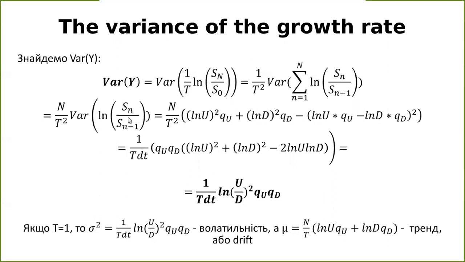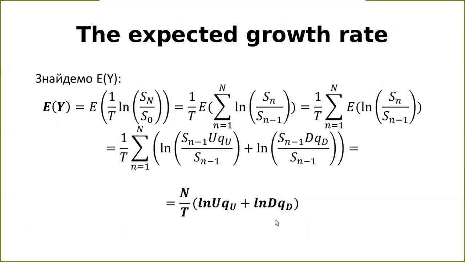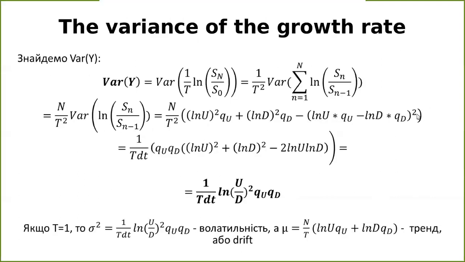It is Sn minus 1 multiplied by U, or Sn minus 1 multiplied by D. And in both cases Sn minus 1 crosses out, so we have only ln u squared multiplied by qu and ln d squared multiplied by qd, and minus this mathematical expectation, it is from this slide, squared.